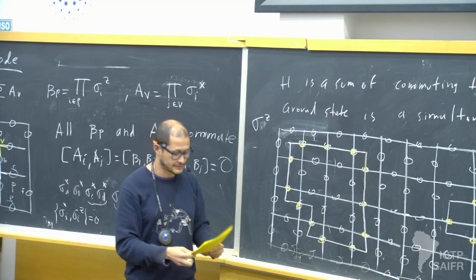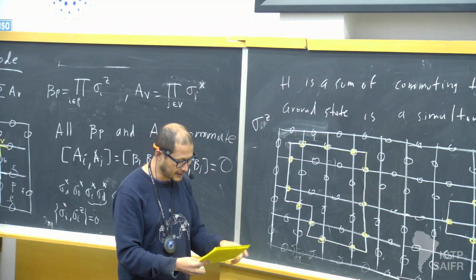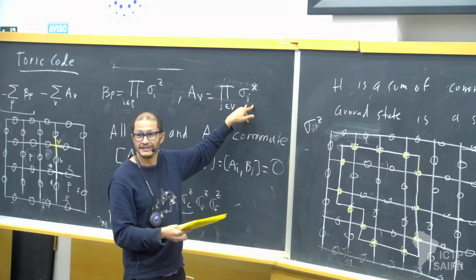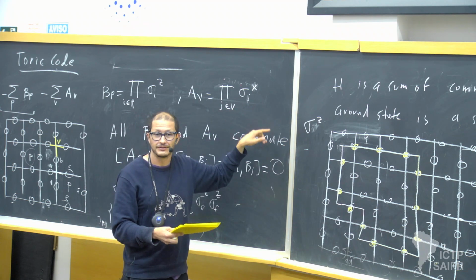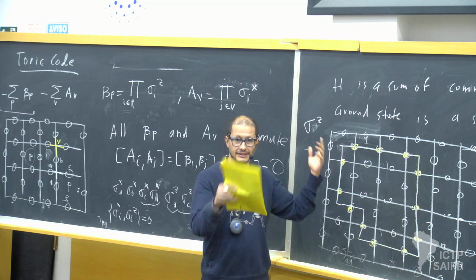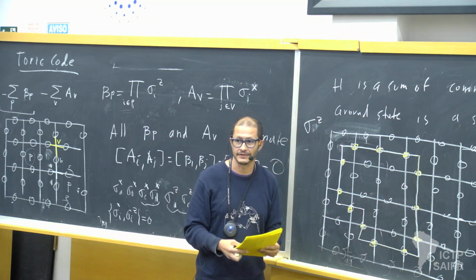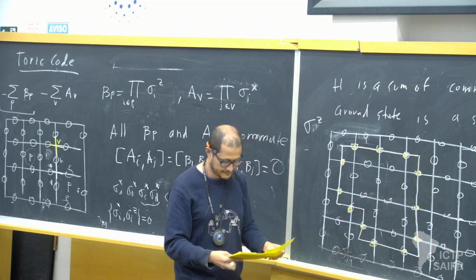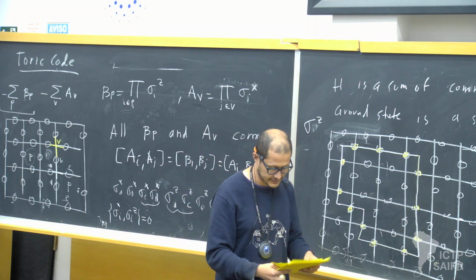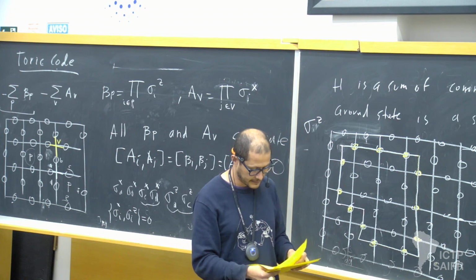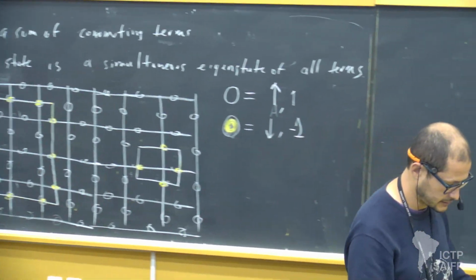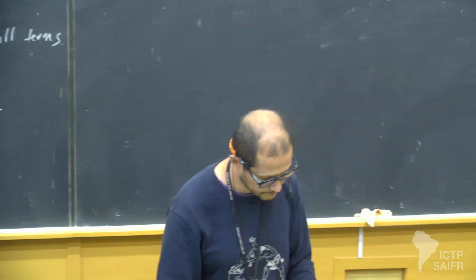Analogously, if you focus on the X basis, you will see a soup of loops, but in that basis, which is different. That's just to motivate the whole thing. Let me see if I can organize this a little bit.